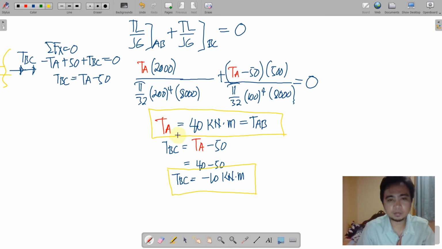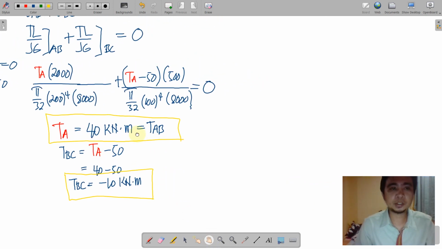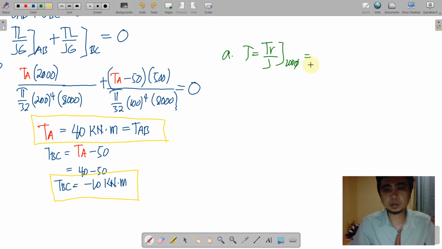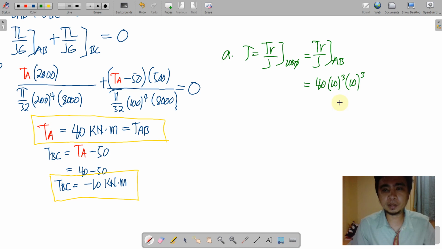So we already have the two torques per segment of the shaft. So we now compute the corresponding shear stress per segment, wherein the shear stress at 200 diameter shaft is actually that of segment AB. Substituting the values, so we have AB, that is 40 kilonewton meter, will have to be multiplied by 1000 to make it Newton, and another 1000 to make it millimeter.